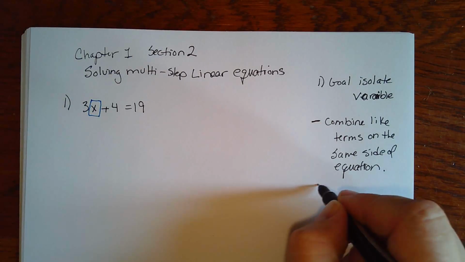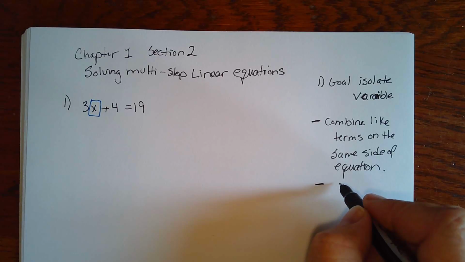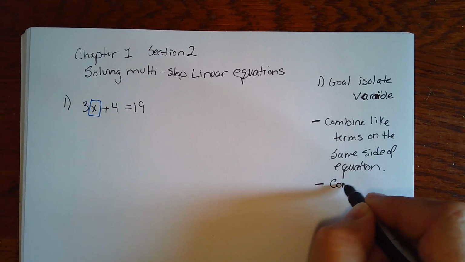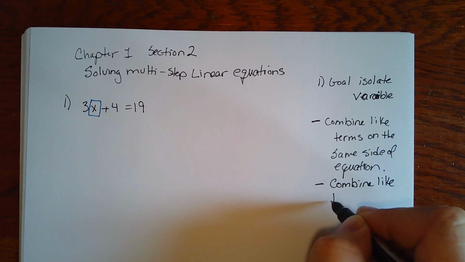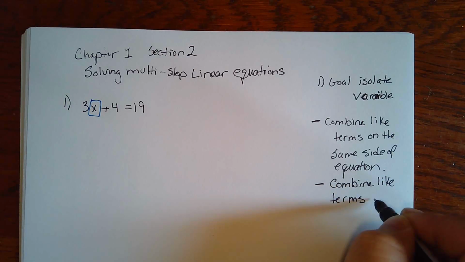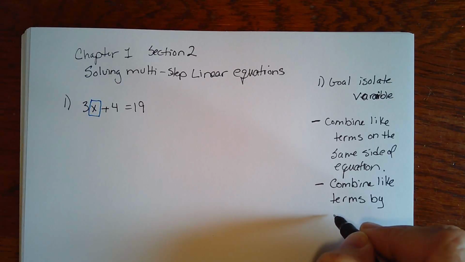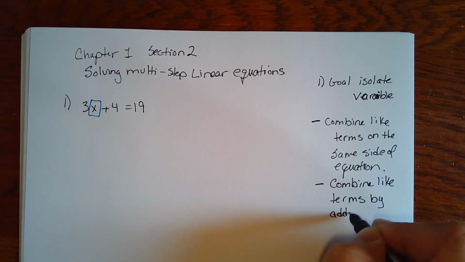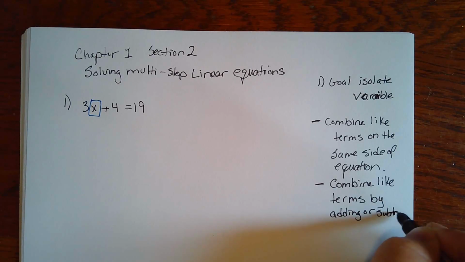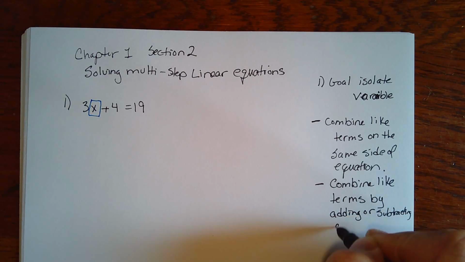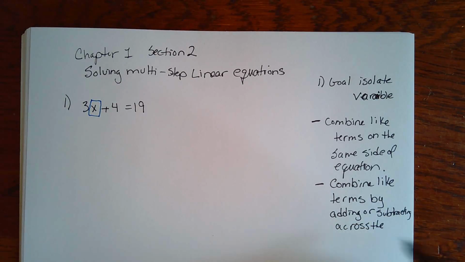So the next step is going to be combine like terms by adding or subtracting across the equal sign.